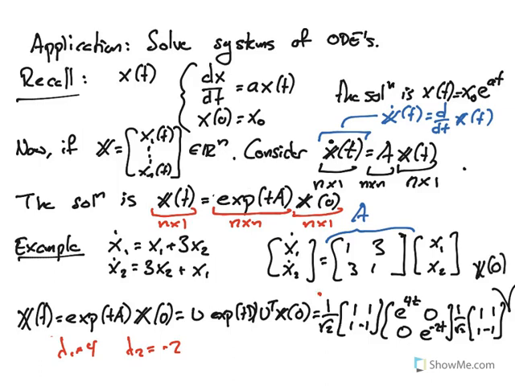So this whole shebang here is the exponential of t times A. Again, I'm really just mentioning this so that you have some awareness that you can define things like the exponential of a matrix. We're not going to talk about this further.